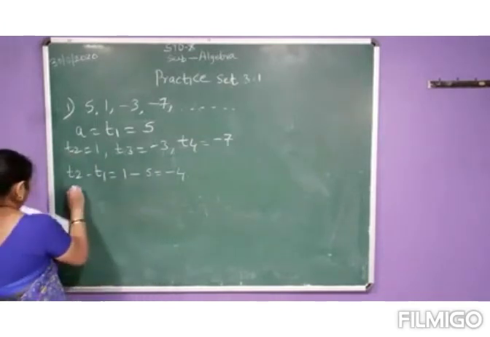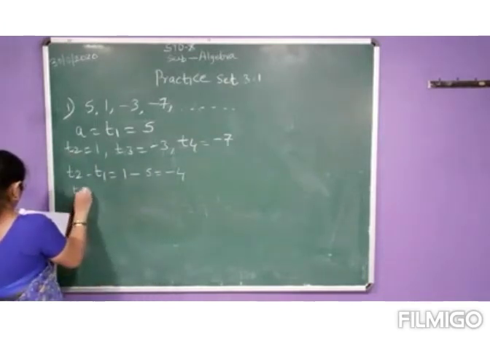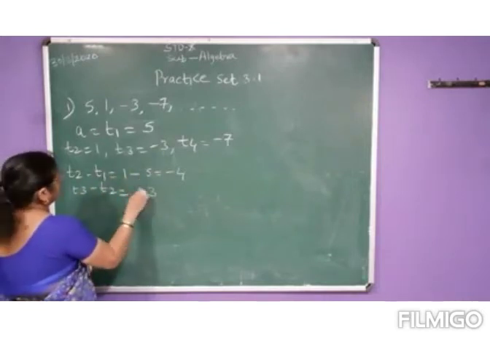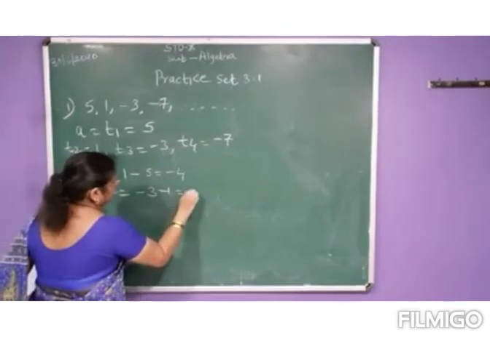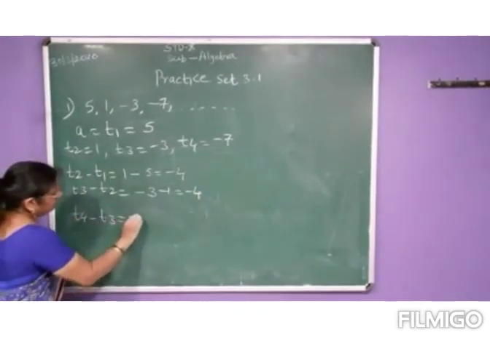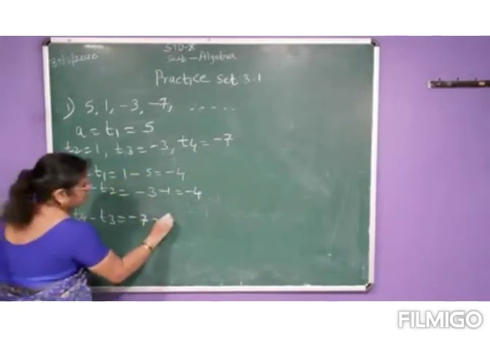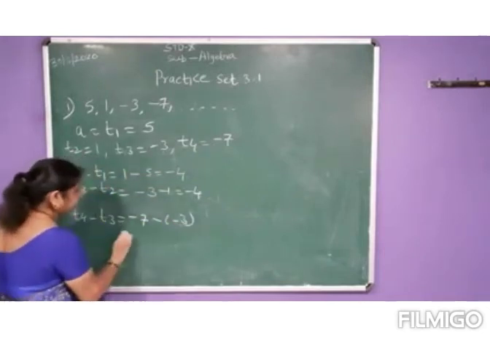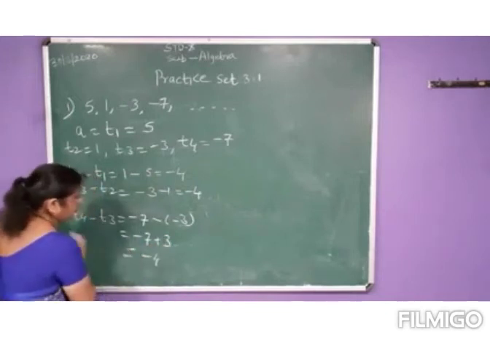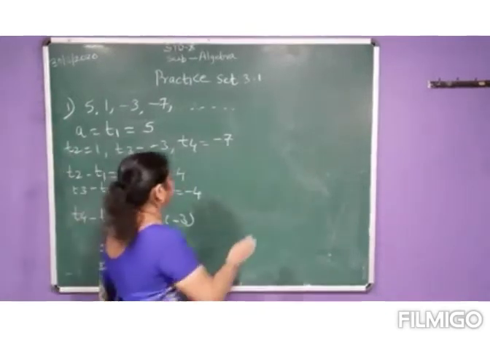Then T3 minus T2. T3 is minus 3, T2 is 1, so minus 4. Then T4 minus T3, minus 7 minus of minus 3, minus 7 plus 3, so minus 4.